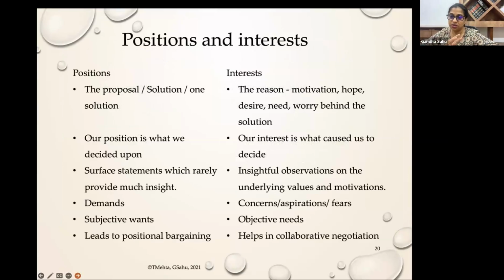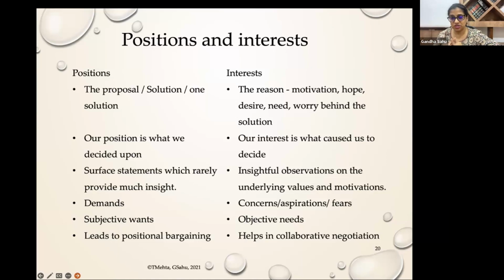So here's the thing: positions are the proposal, the solution, one solution. Generally it is a stand. It's I want this. He is guilty. There is negligence. There are damages, breach of contract. That is your position.